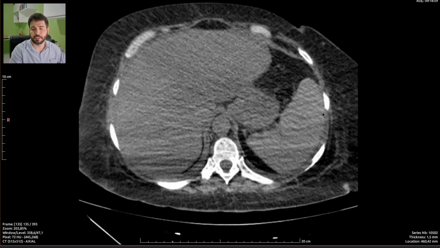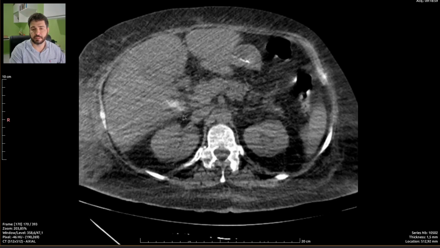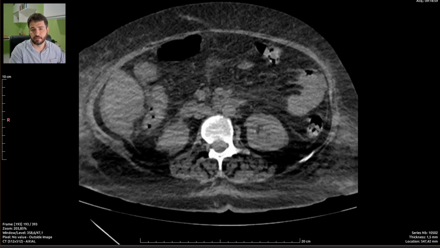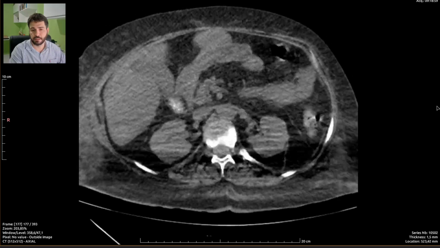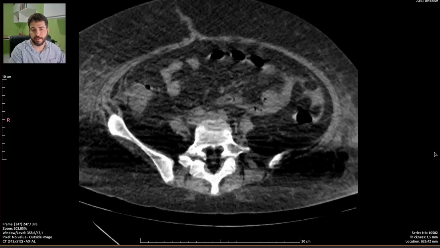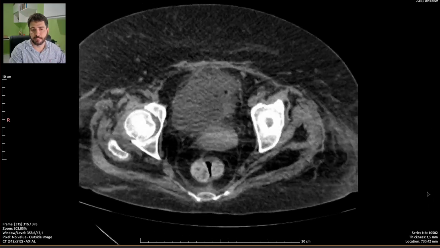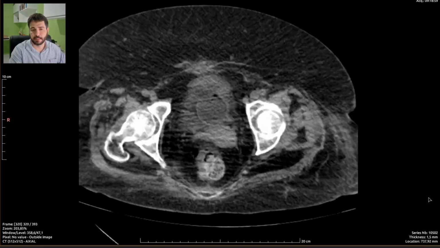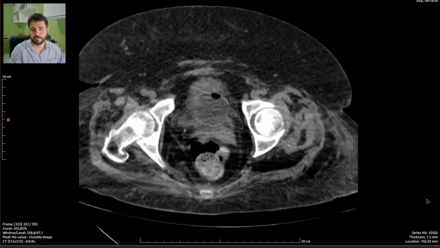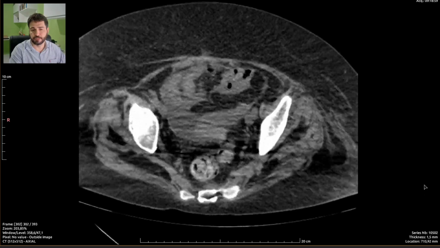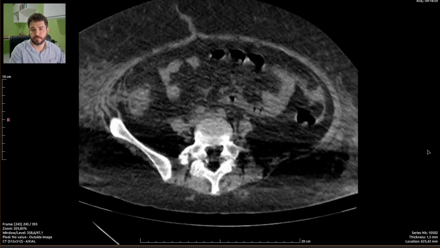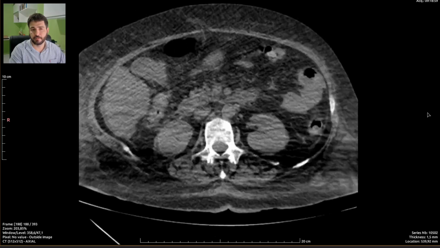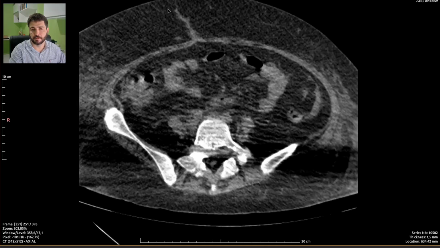So the spleen is of the right size, the pancreas is looking as normal as we can tell, the adrenal glands are okay, the kidneys seem fine, and there is ascites, free fluid inside the abdominal cavity. Colon and bowel are fine. This patient has gone through surgery.